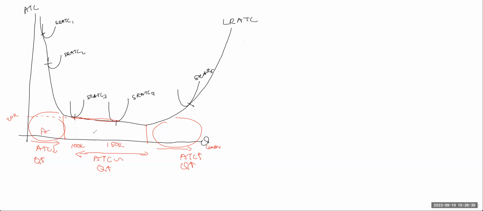This region I will call A, B, and C. A is called the economies of scale or increasing returns to scale region.